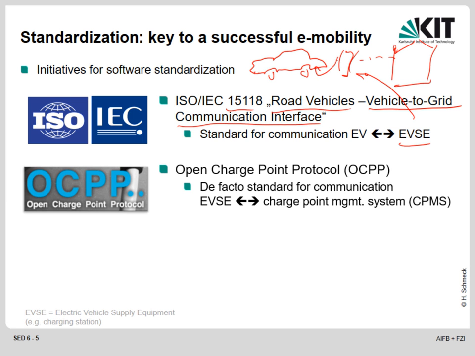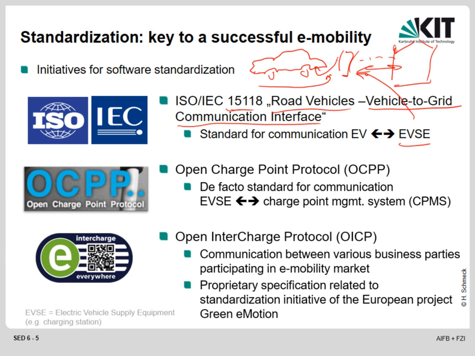For example, if you have a parking garage owner, he has a few hundred parking lots there and 30, 40 charging stations. He's operating all the charging stations and has to manage the charging processes. So you have some charging point management system. That's for communicating between that management system and the charging station. The 15118 was just for communicating between vehicle and charging station.